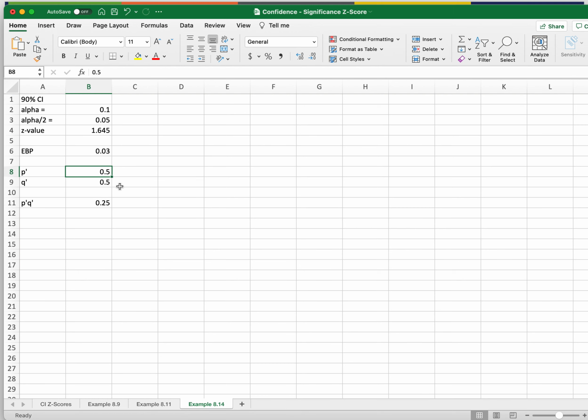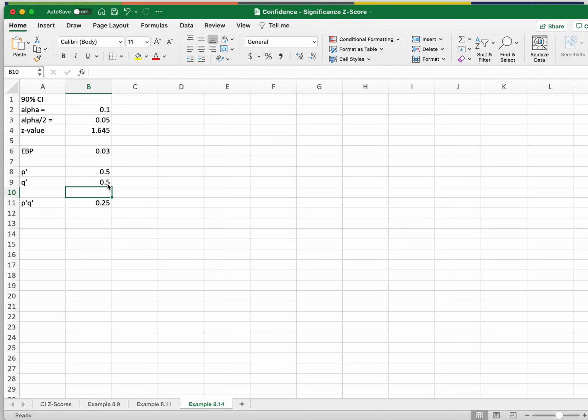If I make it 0.6 and 0.4, I get 0.24. If I make it anything else but 0.5 and 0.5, I get something less. So if we don't know what it is, we assume 50-50, which is a perfectly symmetrical binomial distribution. It's going to give me the largest standard deviation for an n.